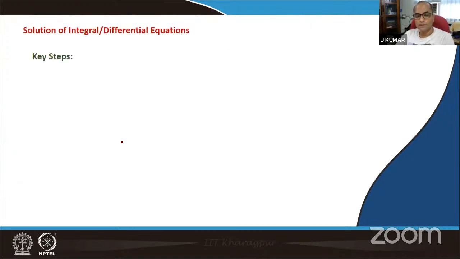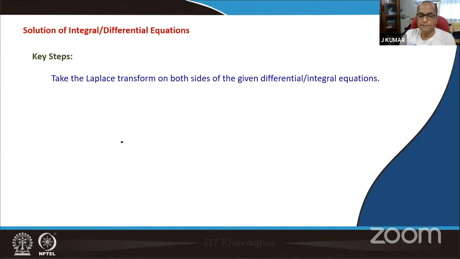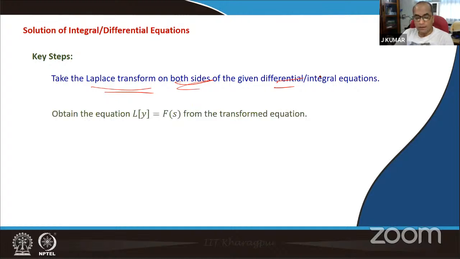The key step is that we take the Laplace transform on both sides of the given differential equation. That is common to all kinds of integral or differential equations we are talking about. Then after some very simple calculations, we have L of y equal to F(s) from the transformed equation.